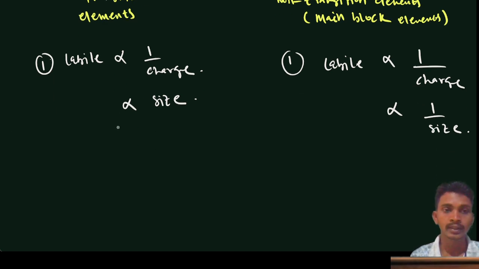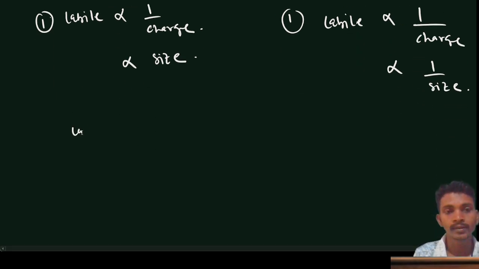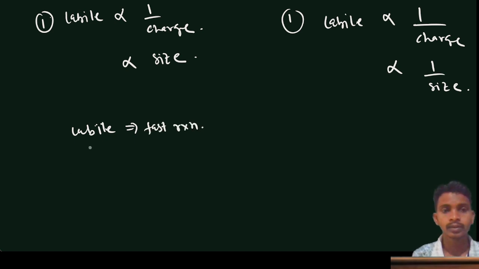Labile means fast reactions, and inertness means slow reactions.